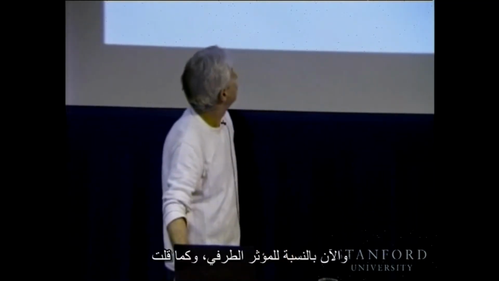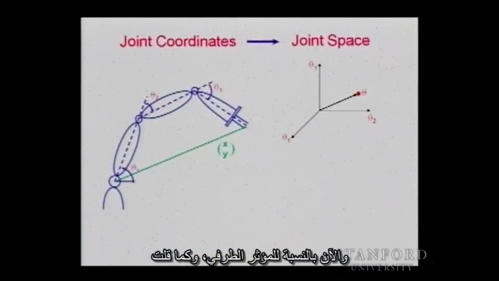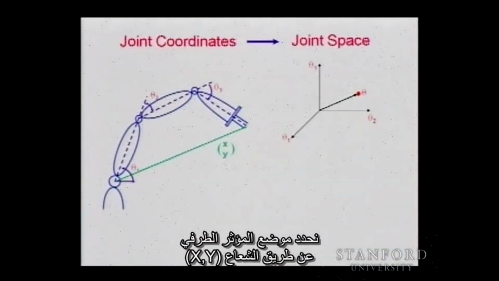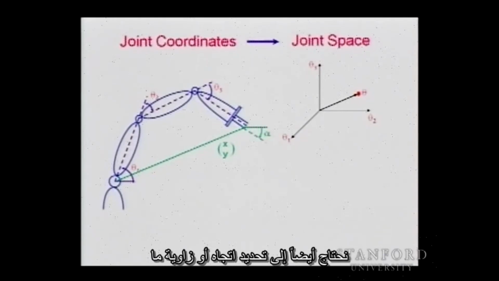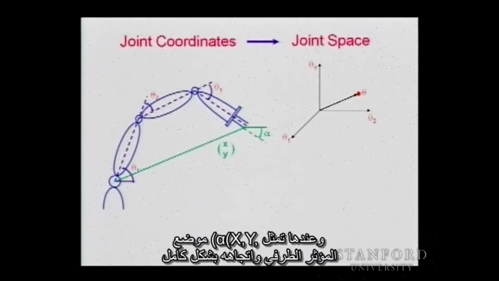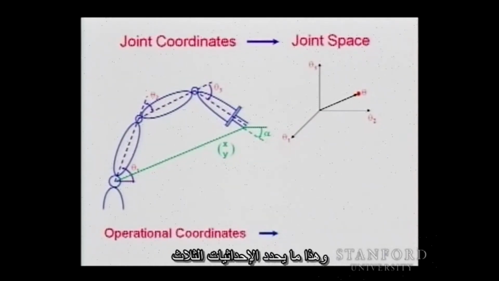Now, for the end effector, as I said, we locate the end effector with a vector X, Y, but that doesn't completely define the position and orientation of the end effector. We need also to define the orientation, or some angle. So we need alpha, and then X, Y, and alpha fully represent the position and orientation of the end effector, and that defines the 3 operational coordinates for the end effector.